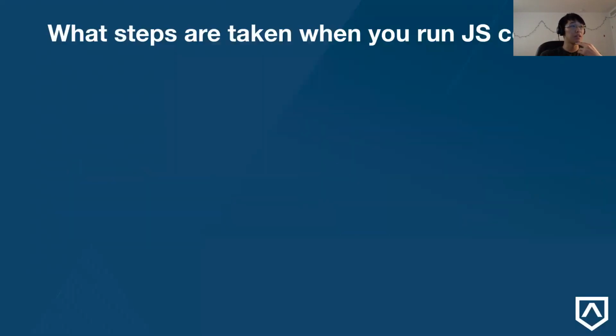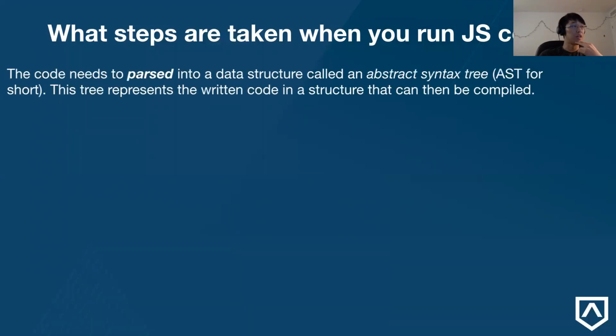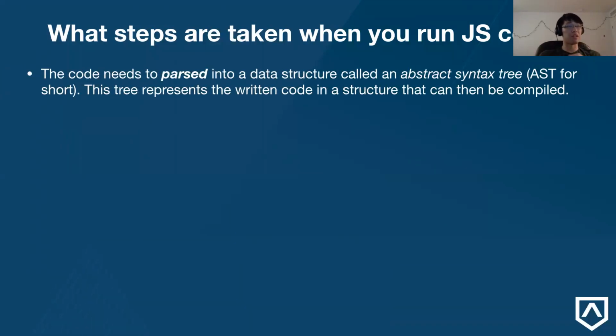But anyway, let's break it down and talk a bit about what actually happens when you run JS code in a browser. Right. So the very first thing that needs to happen, and this is a consequence of the fact that, again, JavaScript is an interpreted language, is that the code needs to be parsed into a special data structure called an abstract syntax tree, which is a variant of a tree data structure.